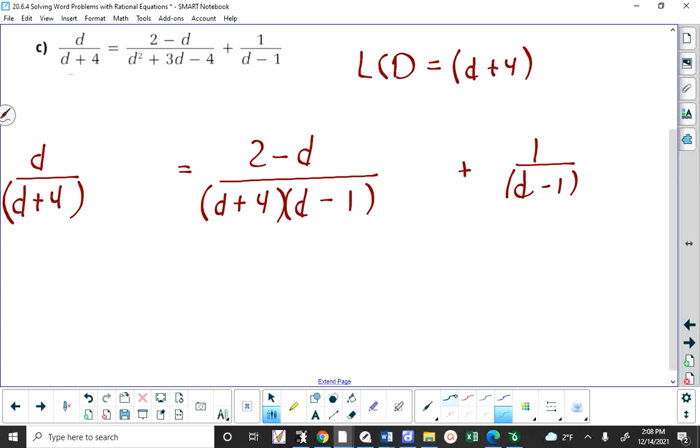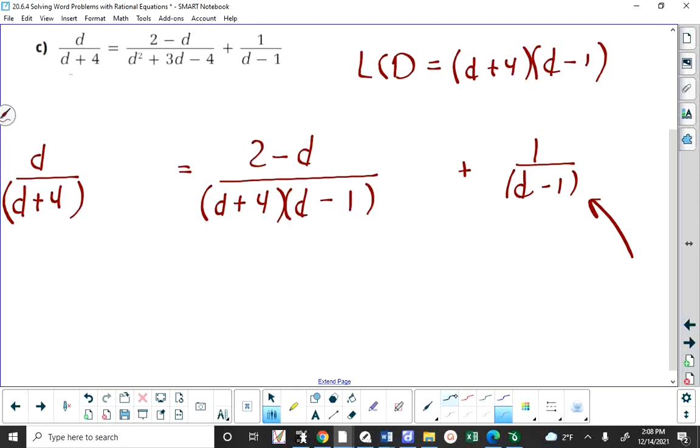It needs to contain this denominator of d minus 1. So we need a d minus 1. It needs to contain this middle denominator of d plus 4, d minus 1, but it already does now. In other words, if we include those two denominators, we include the third. Or if you include the middle denominator, you will automatically have the other two.